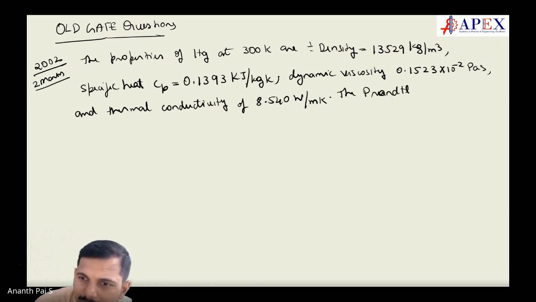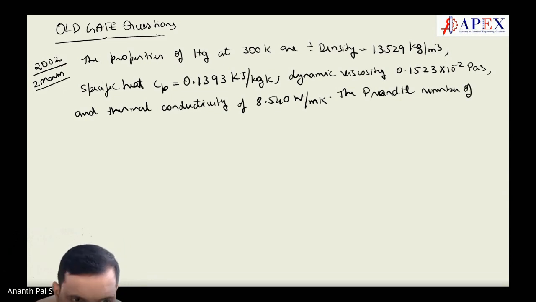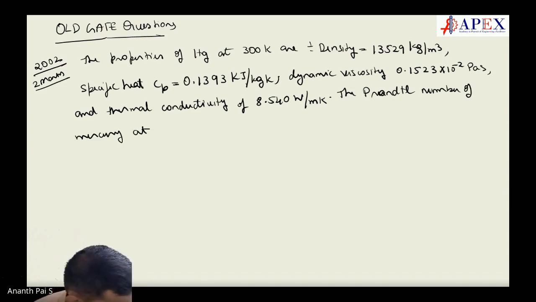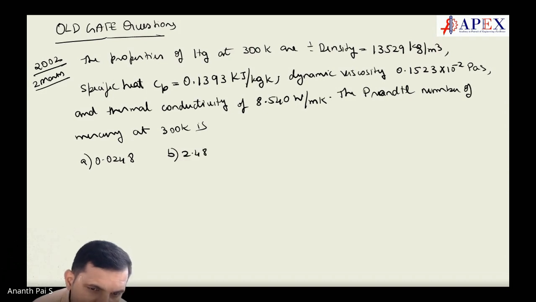The Prandtl number of mercury at 300 Kelvin is: A 0.0248, B 2.8, C 24.8, D 248.